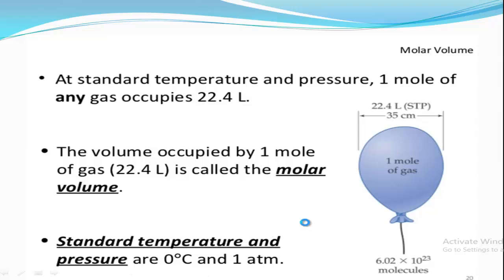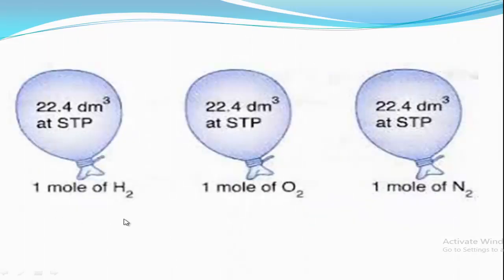Follow the next picture. Follow here. This is 1 mole of hydrogen gas, this is 1 mole of oxygen gas, and this is 1 mole of nitrogen gas. Gases are different, but their volumes are equal, 22.4 decimeter cube. Decimeter cube is a unit of volume, and 1 decimeter cube equals 1 liter.